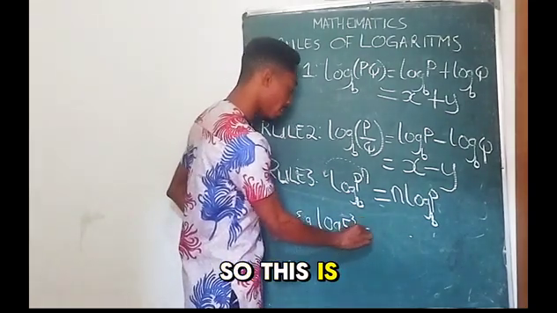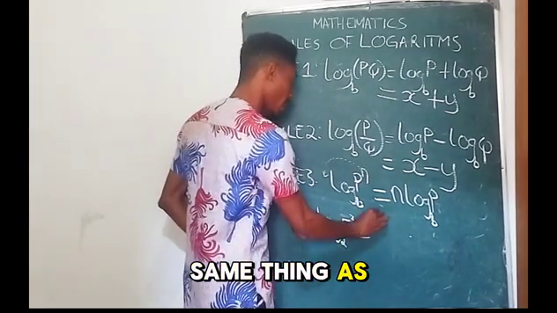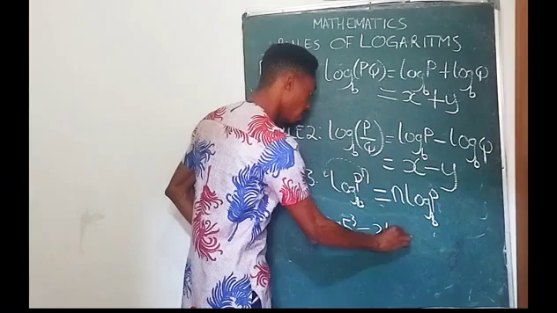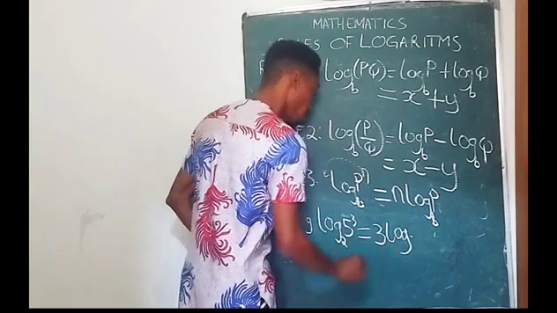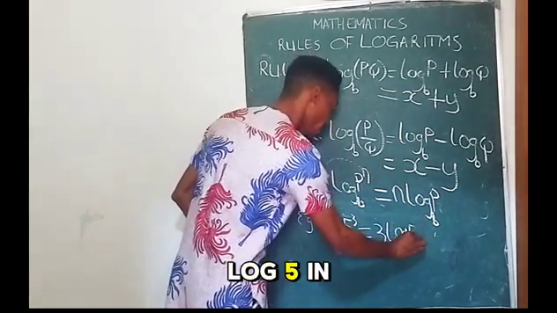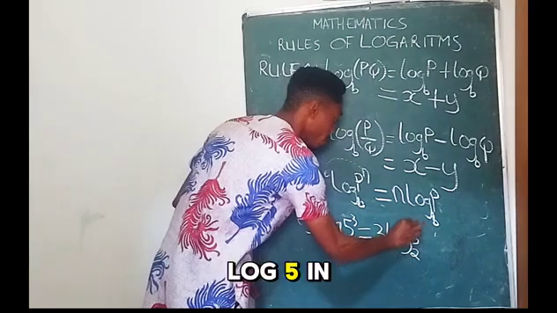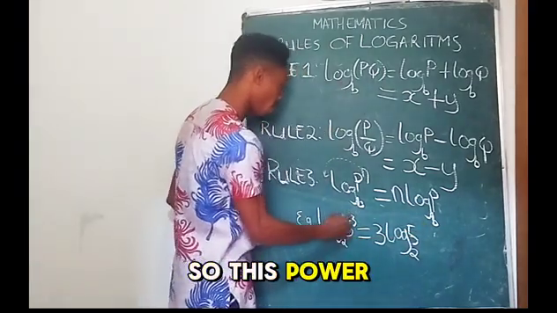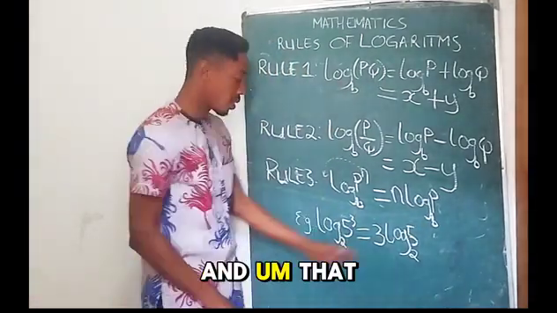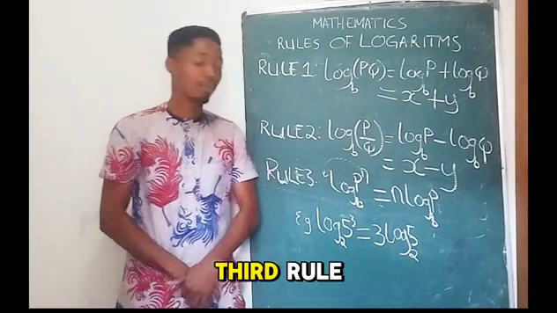So this is the same thing as 3 log 5 in base 2. So this power crosses over, and that is what you have as the third rule.